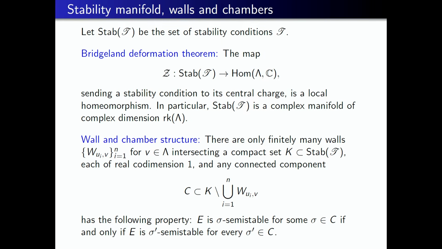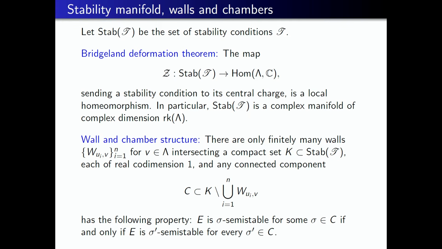So some basic general results on this theory were established by Bridgeland in the first few papers he wrote on this topic. The first nice result is the Bridgeland deformation theorem, which says that the set of all stability conditions in a triangulated category has the structure of a complex manifold.